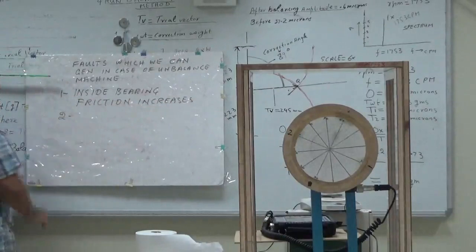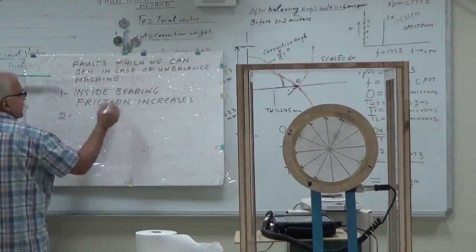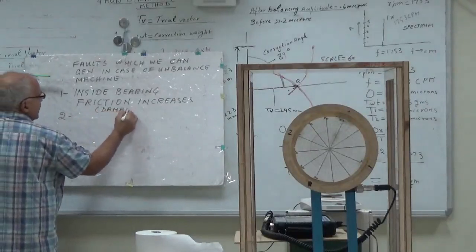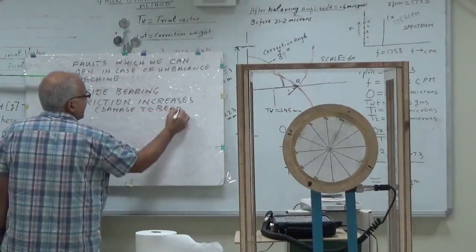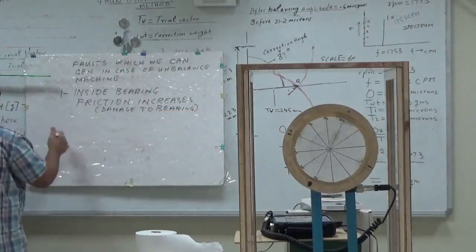Number 2 is that when the friction increases, the bearing can be damaged and there will be more consumption of energy. So we can write here: damage to bearing, because if there is friction in the bearing, it will become damaged.